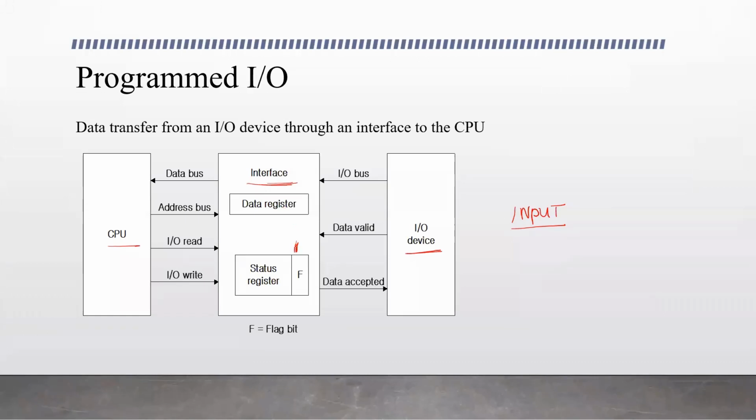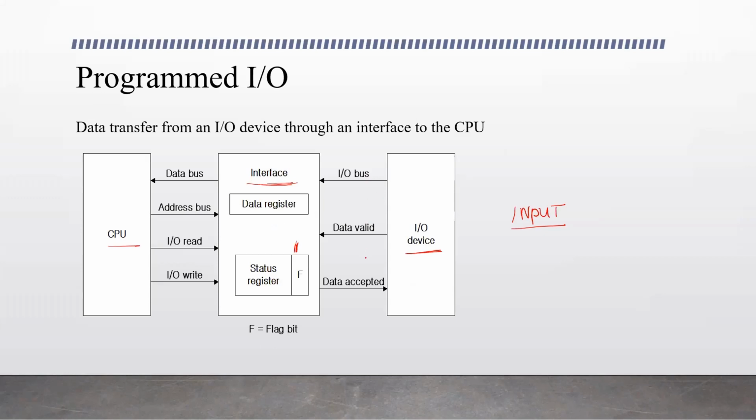When the flag is set to 1, that means there is data in the data register. And this interface also enables the data accepted control signal to inform the IO device that it has accepted the data. Data is received here.